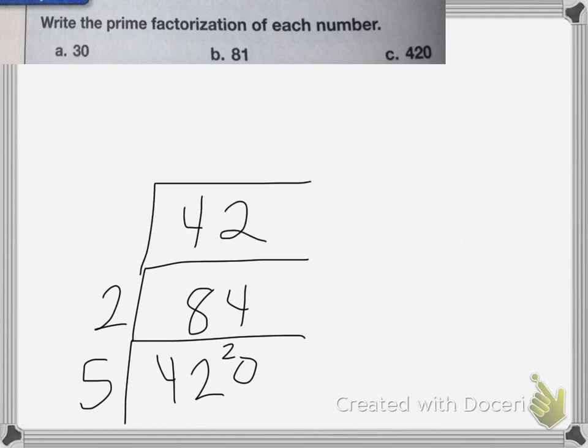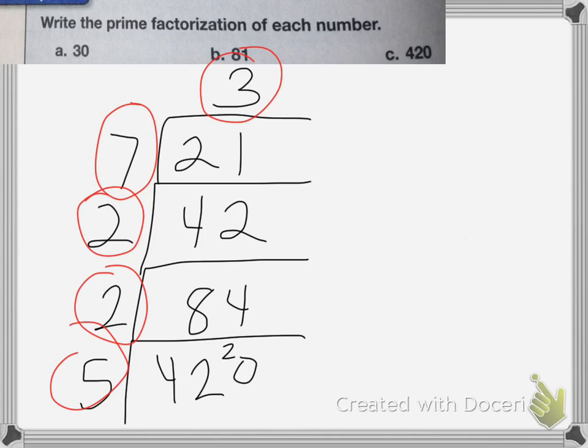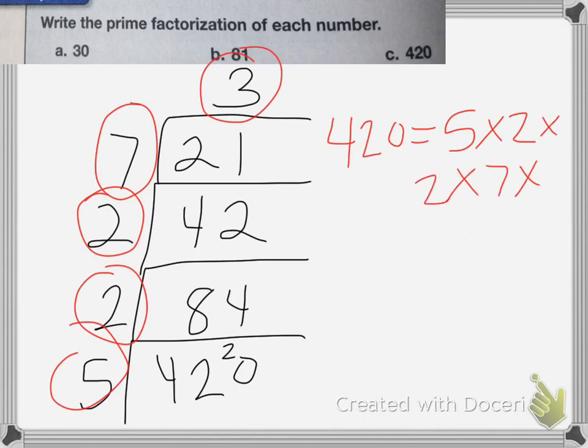I know I can divide that again by 2. 2 goes into 4 2 times. 2 goes into 2 1 time. 21 can be divided by 7, and that's 3. So my prime factorization of 420 is equal to 5 times 2 times 2 times 7 times 3. And that's my answer.